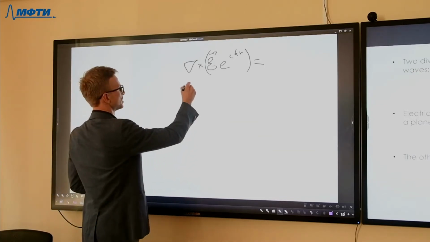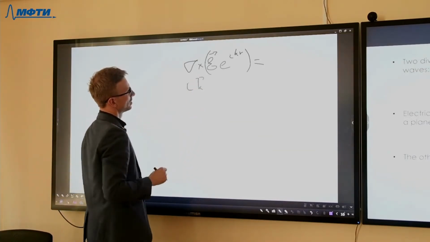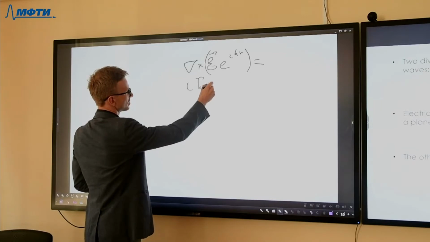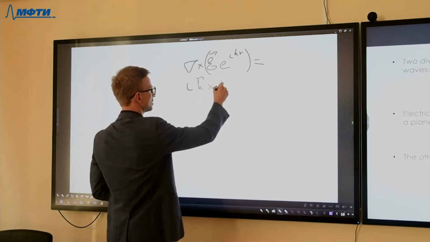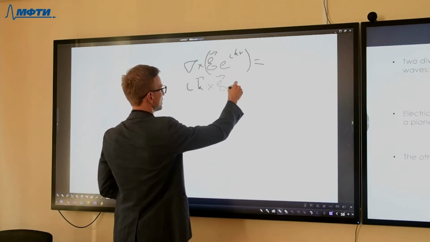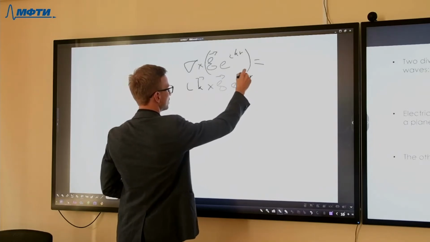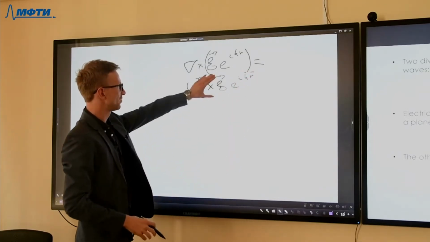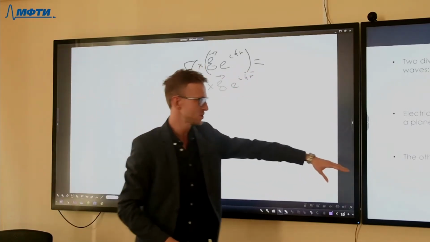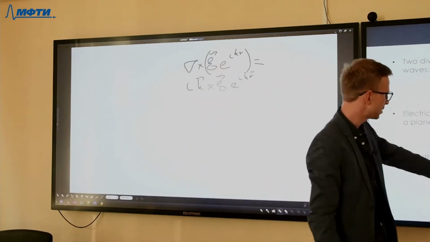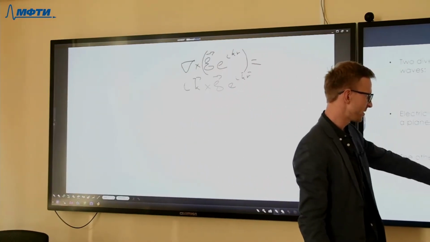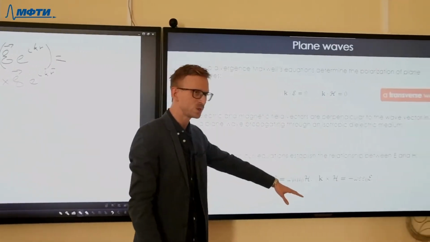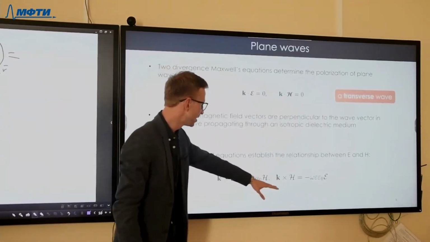Yeah, this is ik times the cross product of E and this exponential thing. So I'm just plugging this form of the plane wave into the curl Maxwell's equations and obtain this. And here we have, in principle, everything we need. We have the wave vector, which we already know, and we have E and we have H.